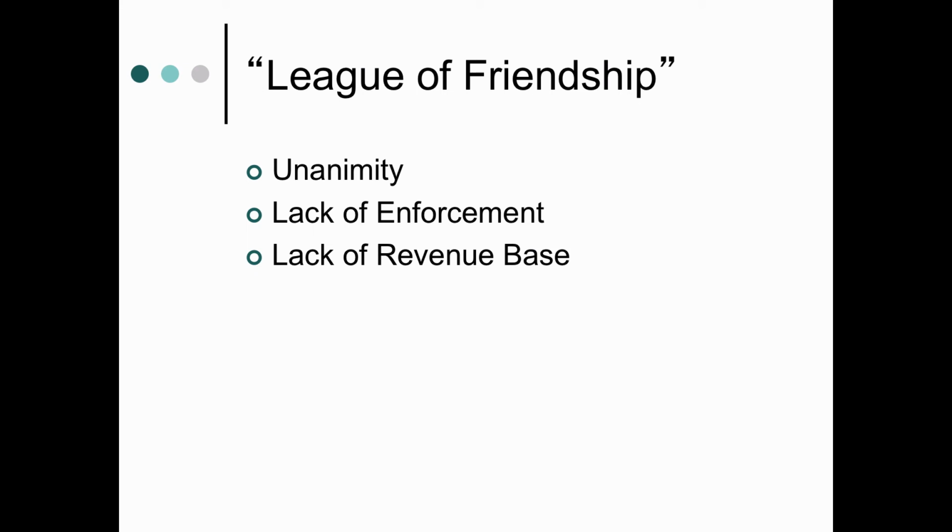So what happens? Well, the national government did have powers of what they called external administration, which meant that it had the power to raise and outfit an army. Of course, it didn't have the power to pay for that army, but it had the power to say, we need this many soldiers.